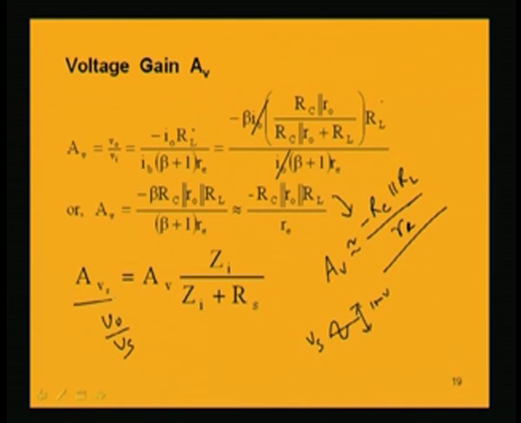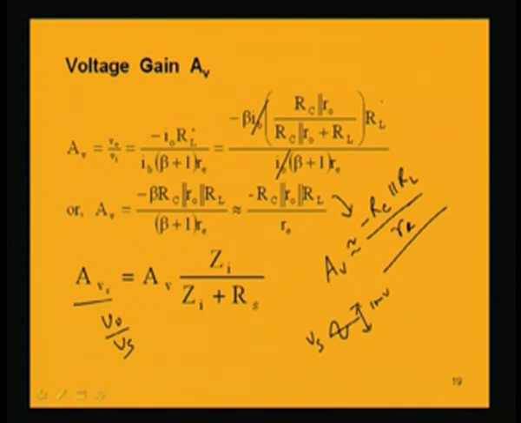If we do this, we find that the overall voltage gain with respect to the source is a bit less than the voltage gain AV. If you look at the denominator Zi plus Rs, Rs is a series resistance. It may be small, but it still makes the denominator higher than the numerator, so the factor will be a fraction.